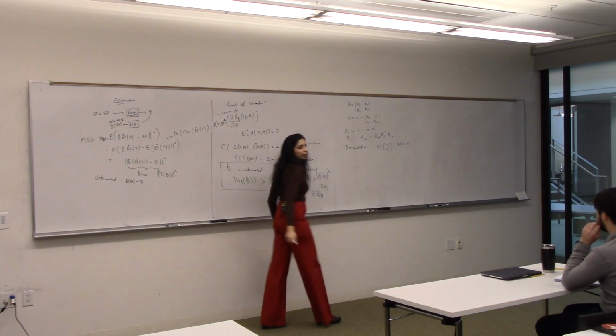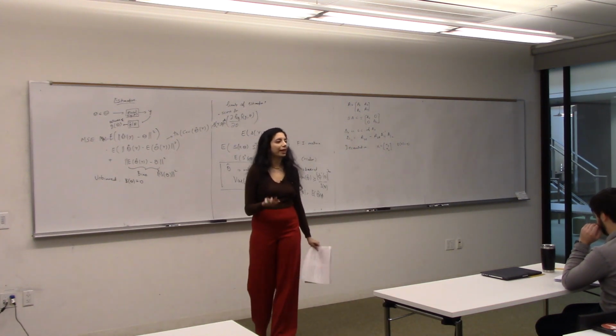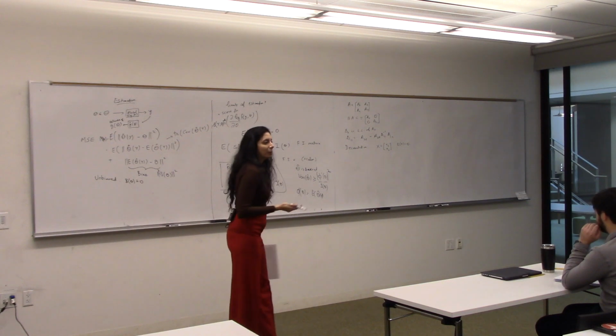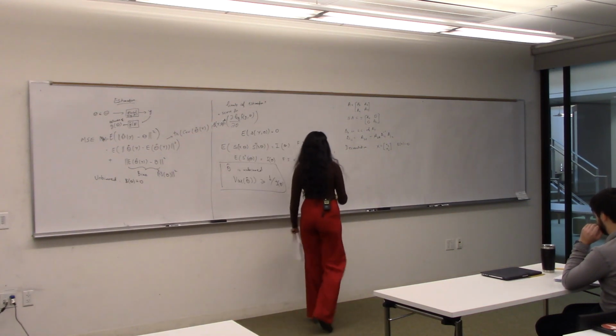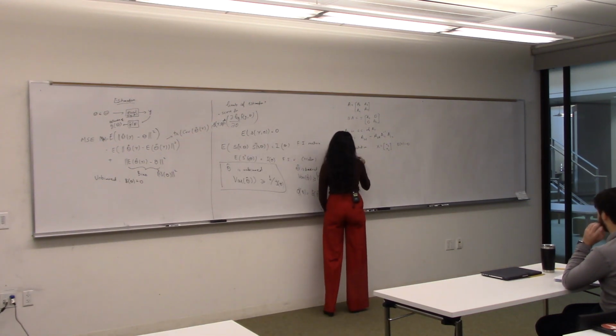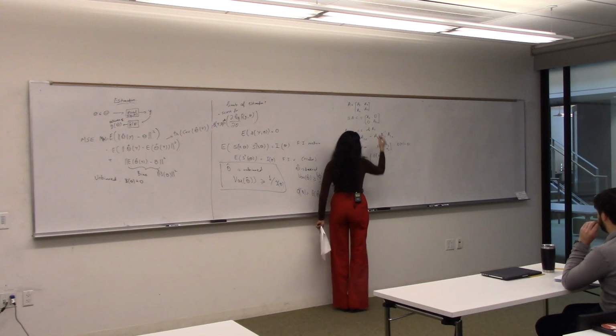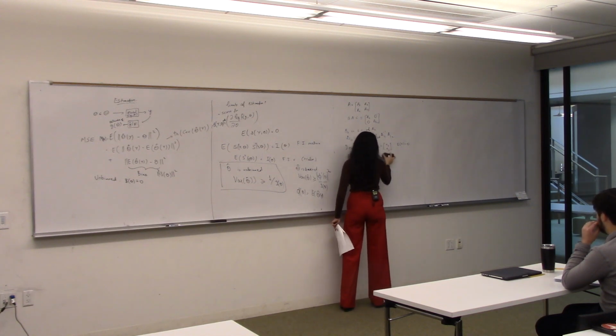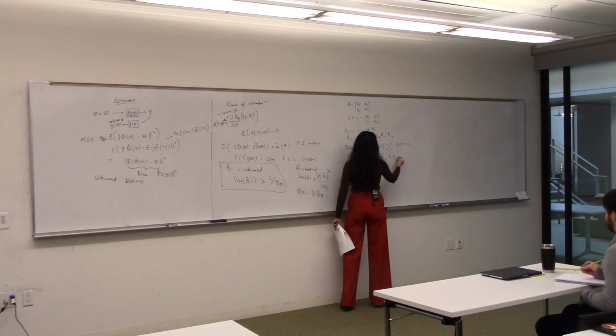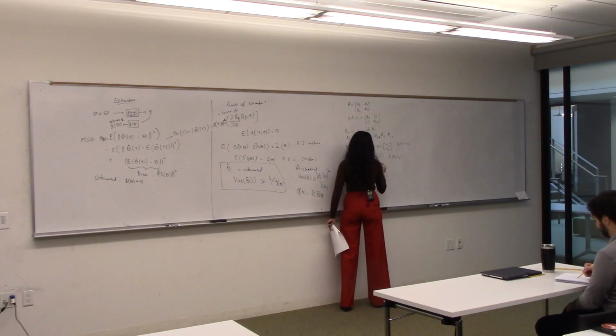And these are arbitrary, so x1 and x2 can have arbitrary correlation, but I want to decorrelate them. So I take the expectation of xx transpose, and all I'm doing is expanding my correlation matrix.